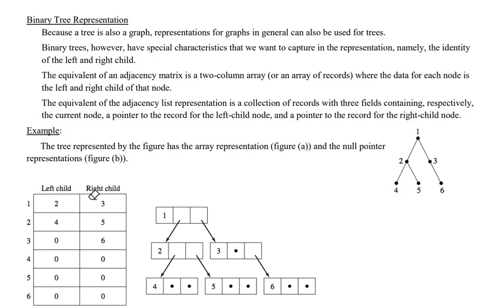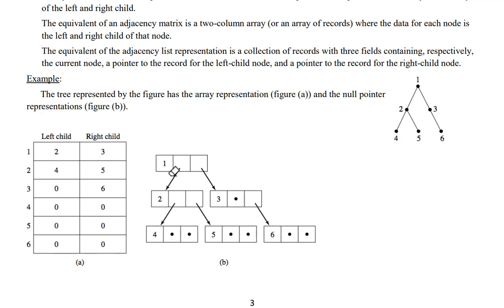So we could represent it this way. The root is 1. It has a left pointer and a right pointer. The left pointer is pointing to 2, the right pointer pointing to node 3, and so on. If node 3 has no left child, it has no arrow, it's just a null pointer, just a dot.